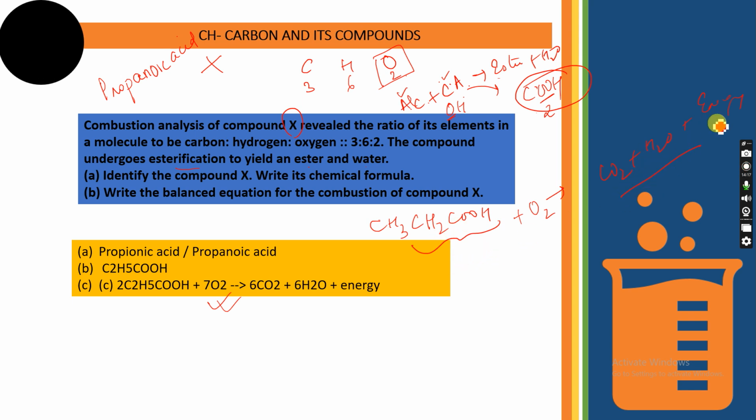Energy is released, and then you go for balancing. So you'll get 2C2H5COOH plus 7O2, giving 6 molecules of carbon dioxide and 6 molecules of water. So that is about combustion and how to identify the compound when the ratios are given. From there you find out how many oxygens there are, and that way you can find it out.